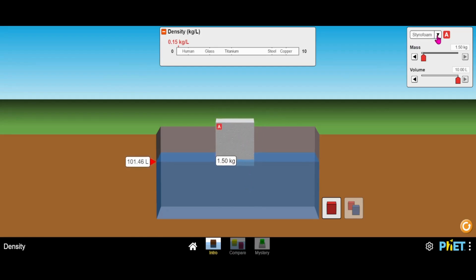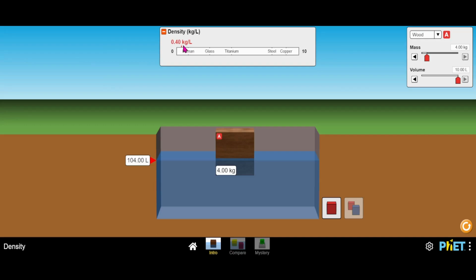For example, if you change this from styrofoam to wood, wood is a little higher in density than styrofoam. You can see that before we had 0.15, now we have 0.40.